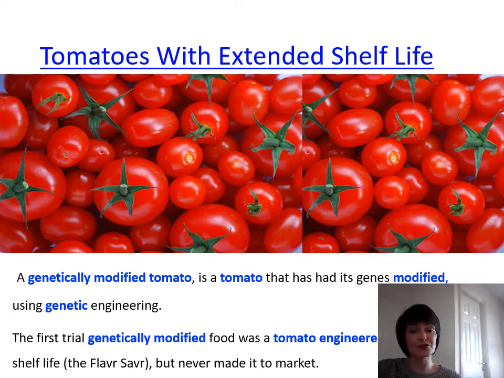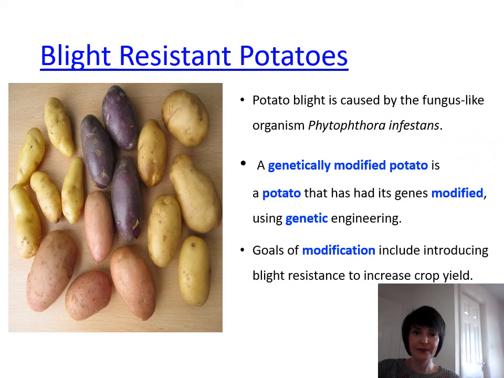So the first genetically modified food was the tomato. However, Flavr Savr, as it was called, never actually made it to market. So that is a genetic modification that would benefit humans in terms of food production.